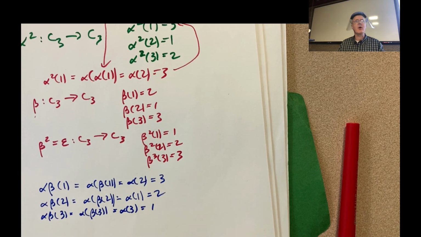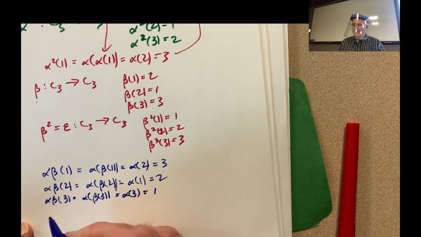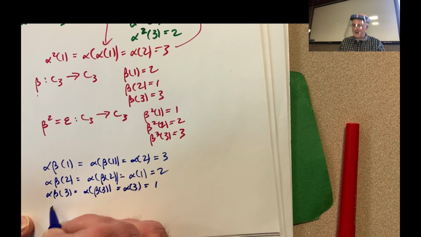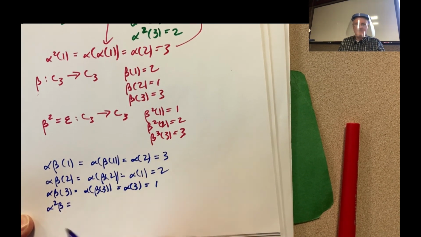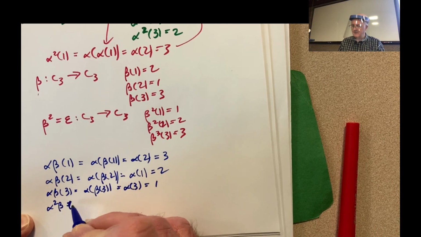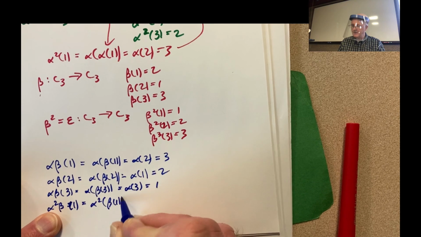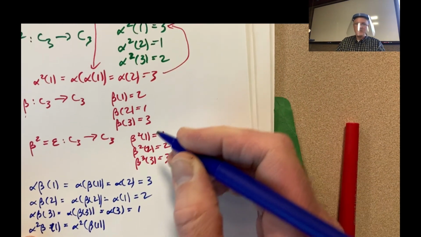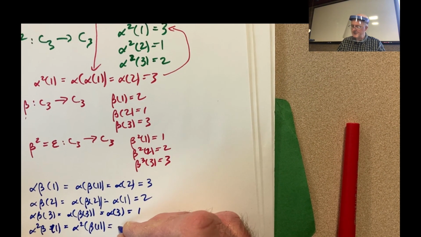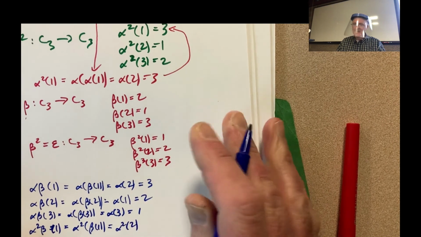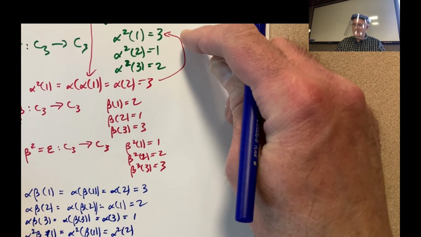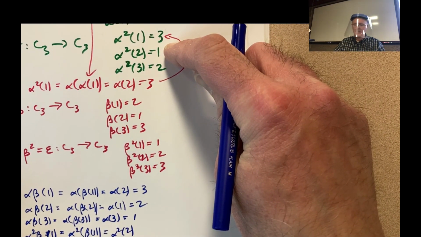And there's one more. Alpha squared times beta. Alpha squared beta of 1. Well, beta of 1 is, again, 2. What's alpha squared of 2? It was 1. Right back up there.